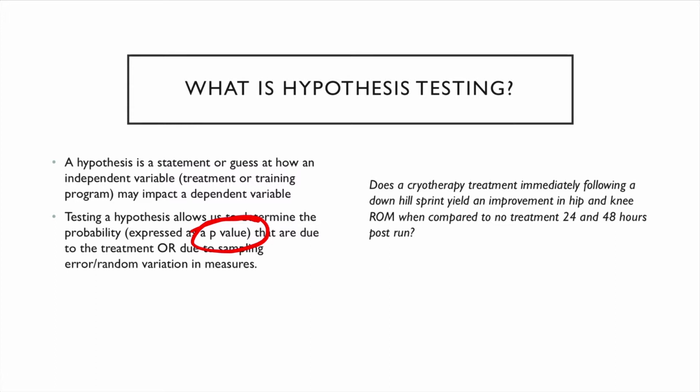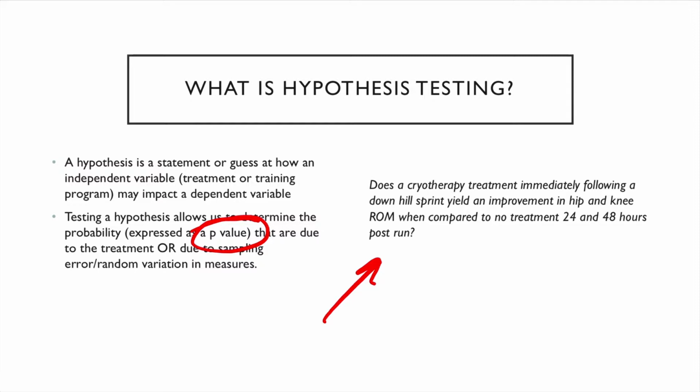So if we look at this statement here, does cryotherapy treatment immediately following a downhill sprint yield an improvement in hip and knee range of motion when compared to no treatment 24 and 48 hours post-run? That would be an example of a hypothesis. I'm making a guess, or I want to see, does cryotherapy treatment alter performance, in this case, range of motion performance, after doing a task that should make me very sore and potentially very stiff?